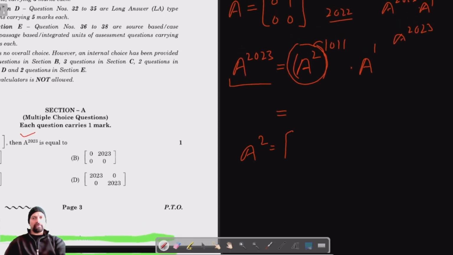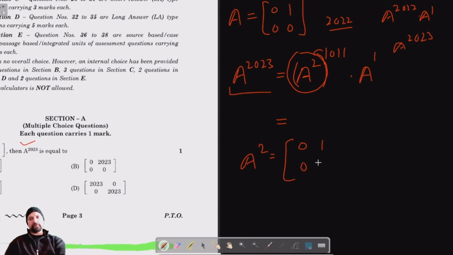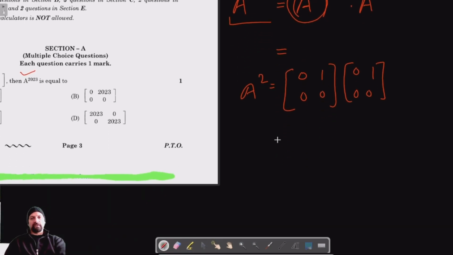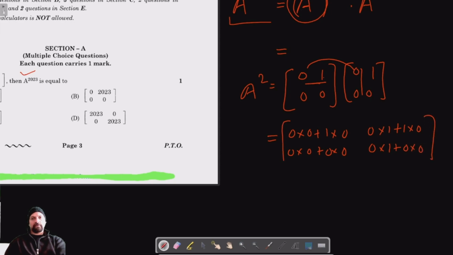So A squared will be the product of [0 1; 0 0] with itself, which gives us 0 into 0 plus 1 into 0, first row first column, and then first row second column, second row first column, 0 into 1 plus 0 into 0, which gives us 0, 0, 0, 0.